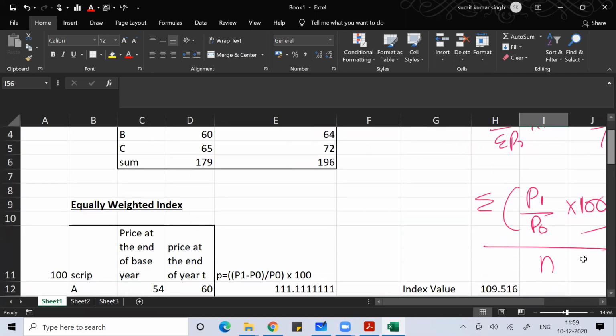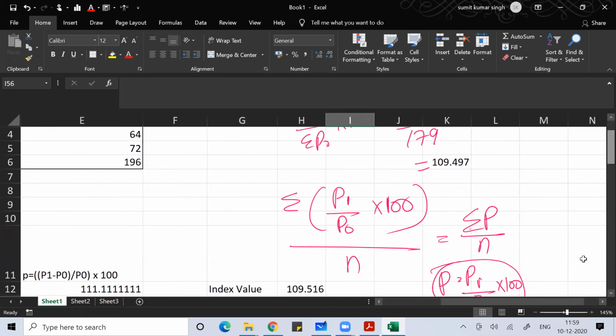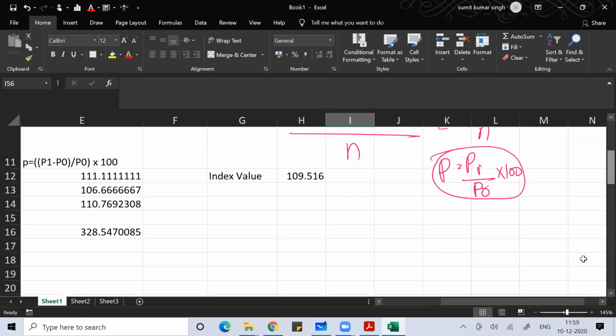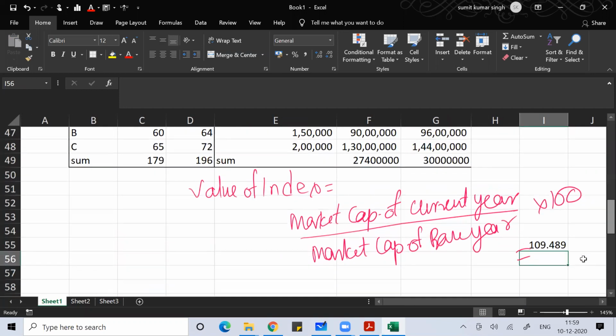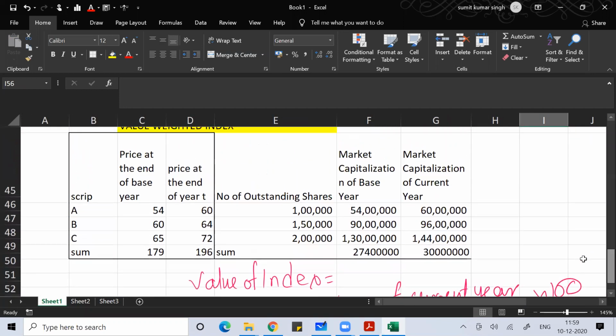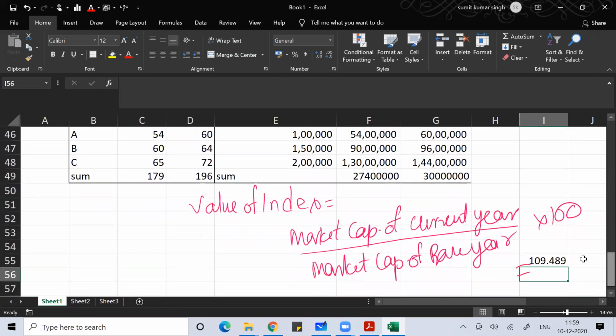Anyone, any doubt? It is very important because, understand, the Indian financial market is not so big, not so strong.